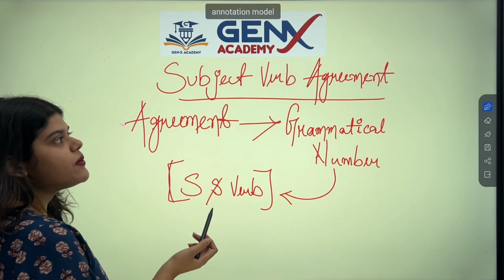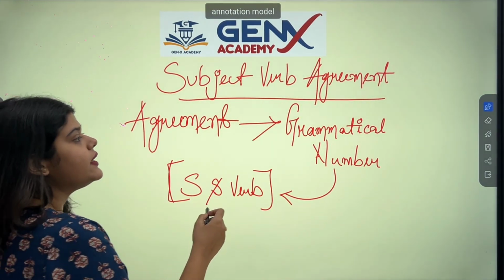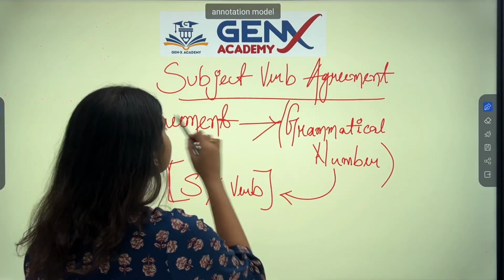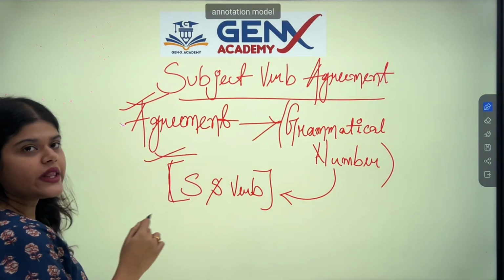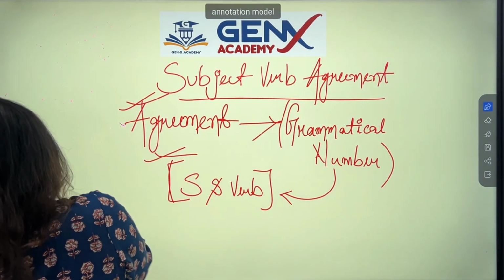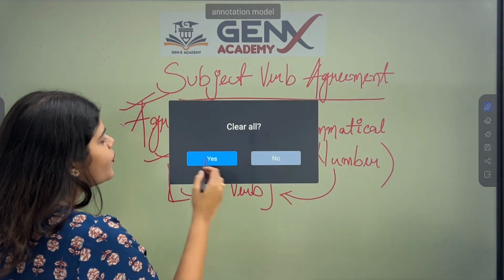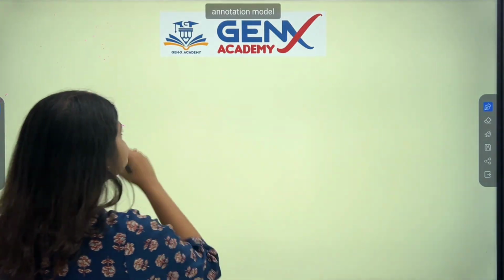So, what is a subject-verb agreement? A grammatical number agreement between the subject and your verb within a sentence. Let's understand this better with certain rules.